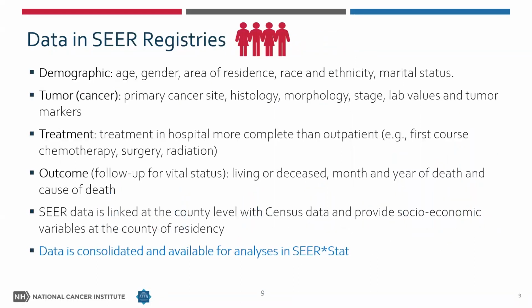We have very rich sources of data in the registries. In terms of demographics information, we have information on a cancer patient's age, gender, race, ethnicity, marital status. We have also a lot of information around the time of diagnosis on their cancer, starting from primary cancer site to histology, morphology.